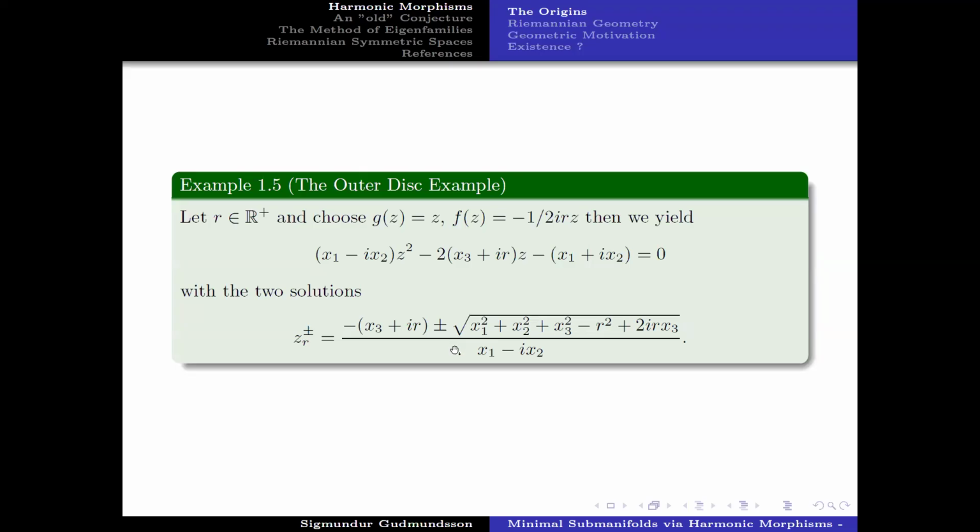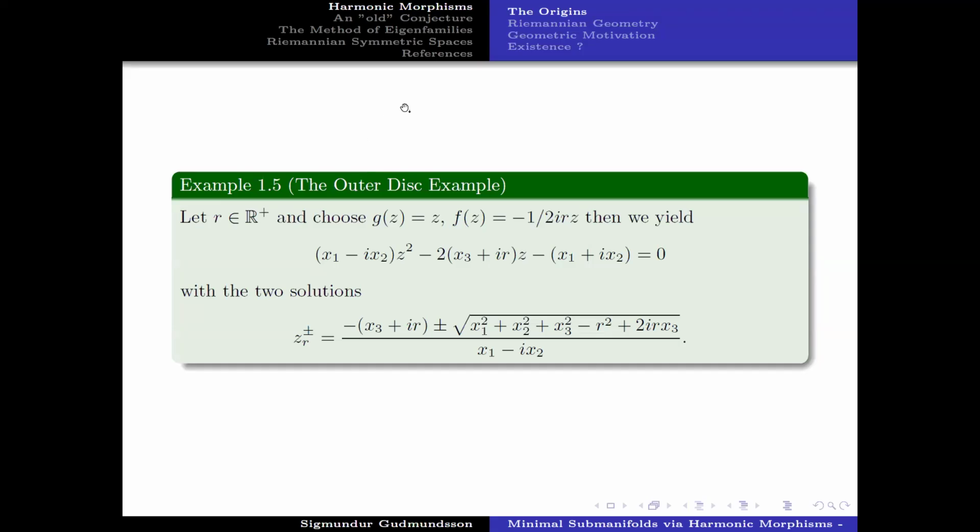Then there are lines going out and filling the space, and the fibers are lines. And for later discussions, these lines are of course minimal submanifolds of R3. They're geodesics, of course, straight lines. This will turn up later.